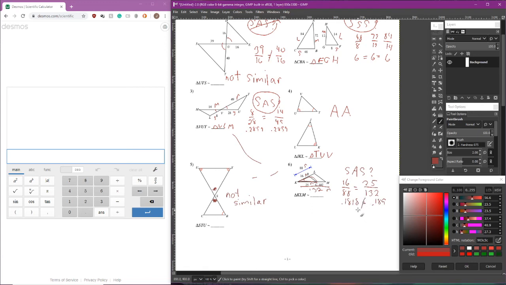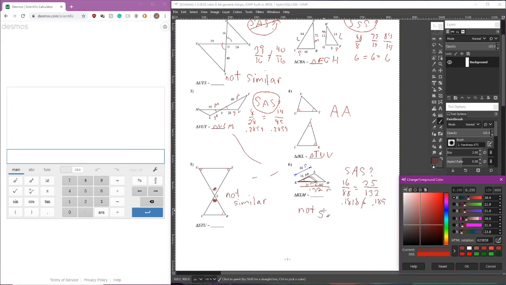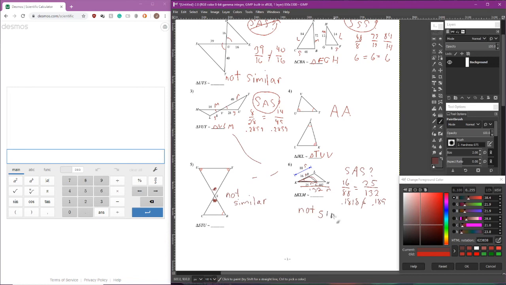They're just a little bit off. So you need to write they're not similar right here. And then you need to cross out side angle side because it really isn't side angle side.